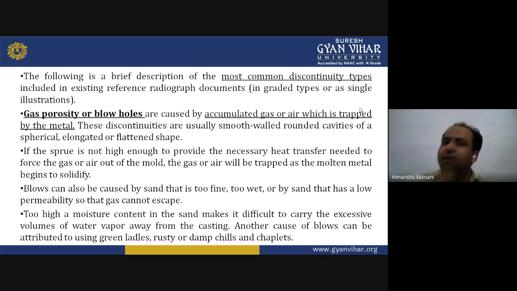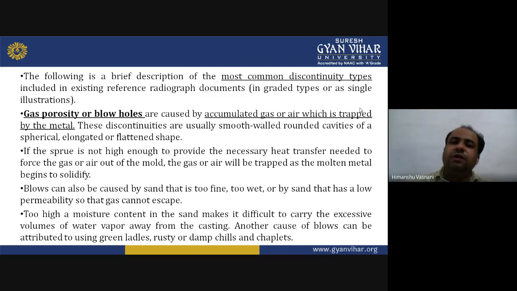When the molten metal comes in contact with the surface of the die casting or the sand, due to the difference in temperature or the material, some gases form, and if the gases are not able to escape easily, they get trapped inside the casting. So these lead to a discontinuity, voids inside the casting. It is called gas porosity or blowholes.